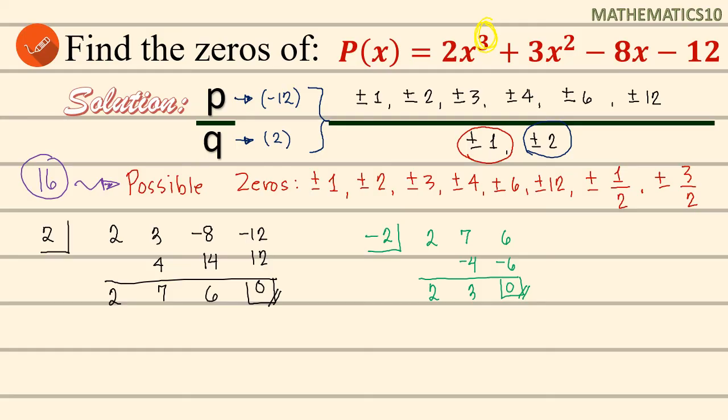And for us to find out the remaining zero, we can use the leading coefficients that we got in our second synthetic division. So here 3 is our constant, and then for our linear term, we have 2x plus 3. And of course, to get the value of x for our third zero, we just equate it to 0. So this is our depressed equation already.